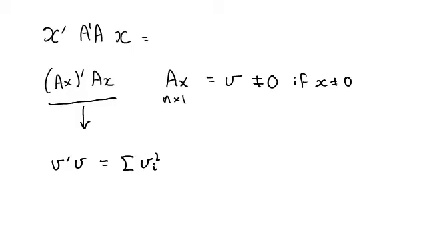To make sure that it's positive definite, we must convince ourselves that this can never be equal to 0 if x is different from 0. Well, that follows from the discussion up here. If x is different from 0, v cannot be the 0 vector. That is, at least one of the components of v is non-zero. The square of that is then non-zero, and the sum of these terms cannot be 0.